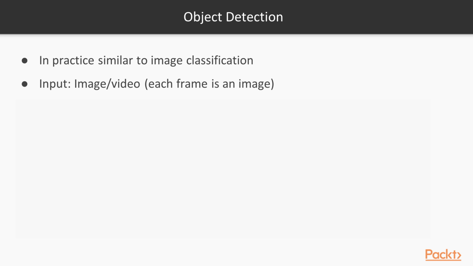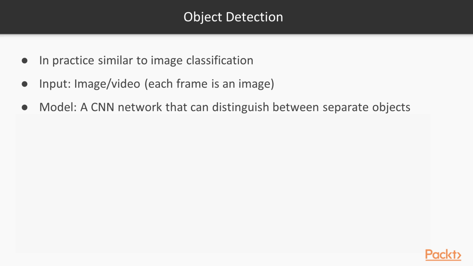We still have as an input an image or a set of images like a video, and you can consider each frame in the video as an image. Then you have to have some kind of model, and usually it's a convolutional neural network that can actually distinguish between separate objects.